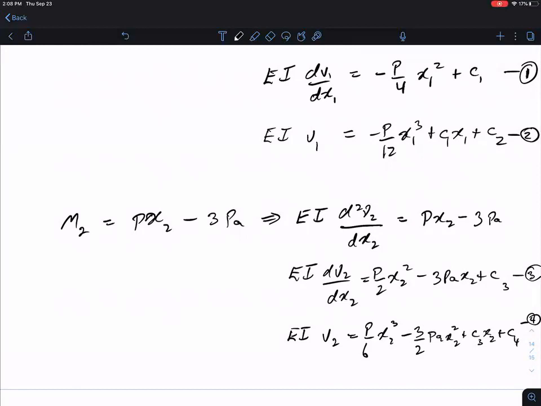Okay. So now we have 4 equations, and we also have 4 constants.